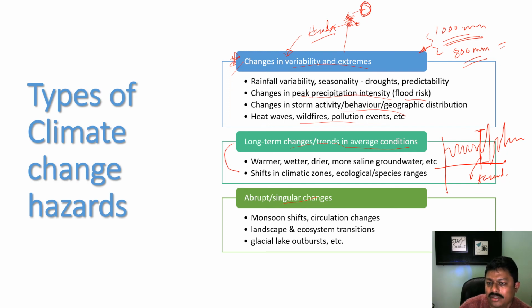If the rainfall pattern of the last 50 years suddenly changes, then many things will face damage, like the major damage that will be caused to the agricultural productivity of that area.